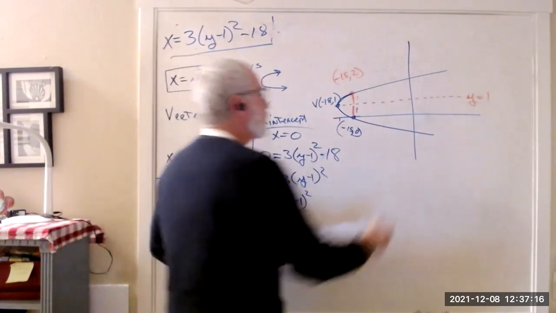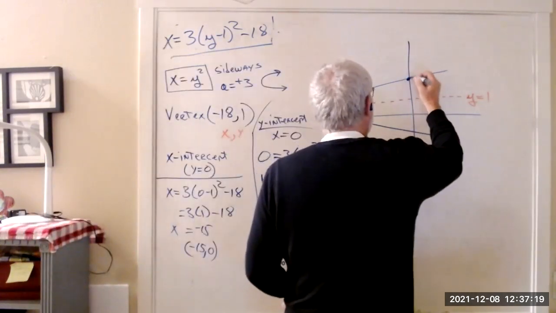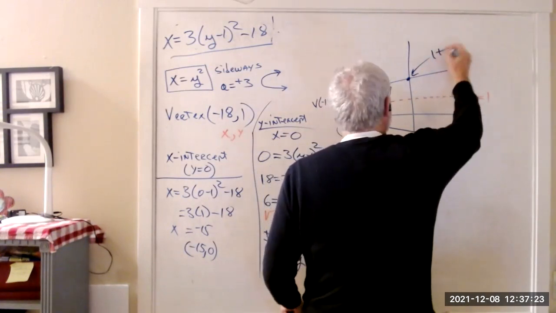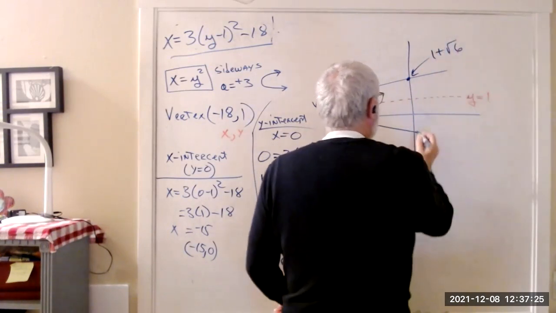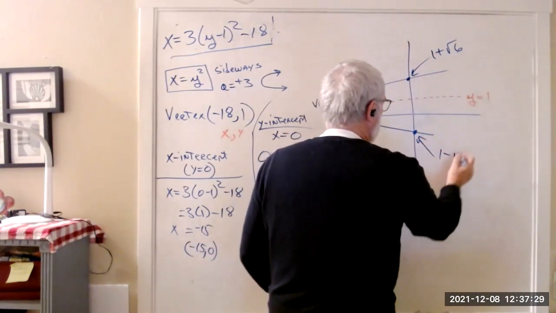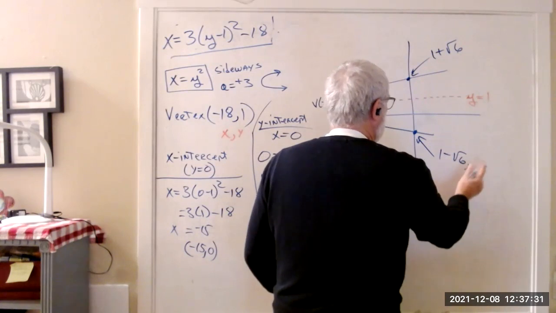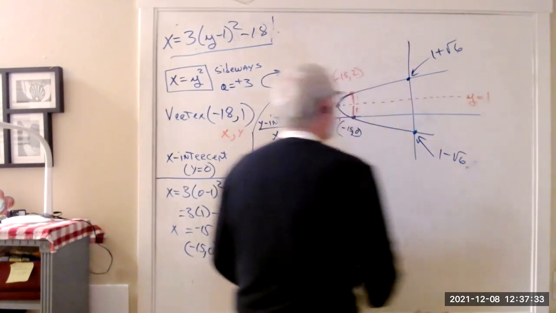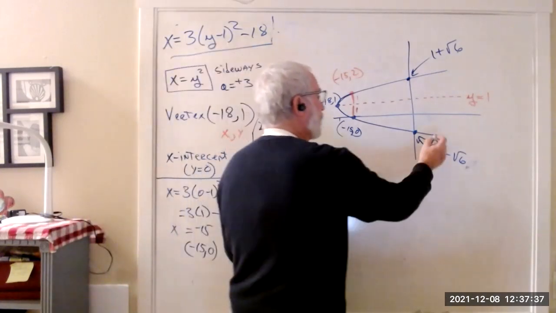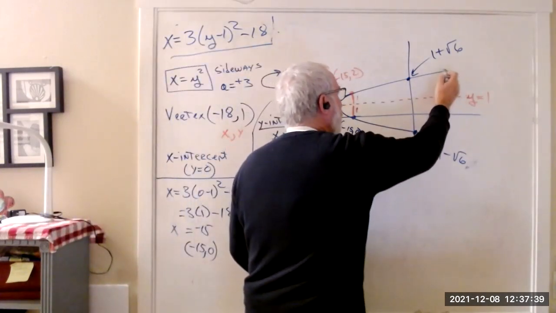This point right here is 1 plus radical 6, and this point right down here is 1 minus radical 6. Okay, good enough. I should put arrows on here because the graph goes forever.